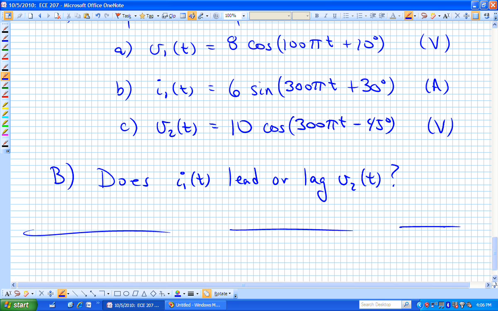But in this case, how do we convert V1? What did you get for part A? The phasor of V sub 1: magnitude of 8, an angle of 10 degrees, and on the side is omega equal 100 pi.